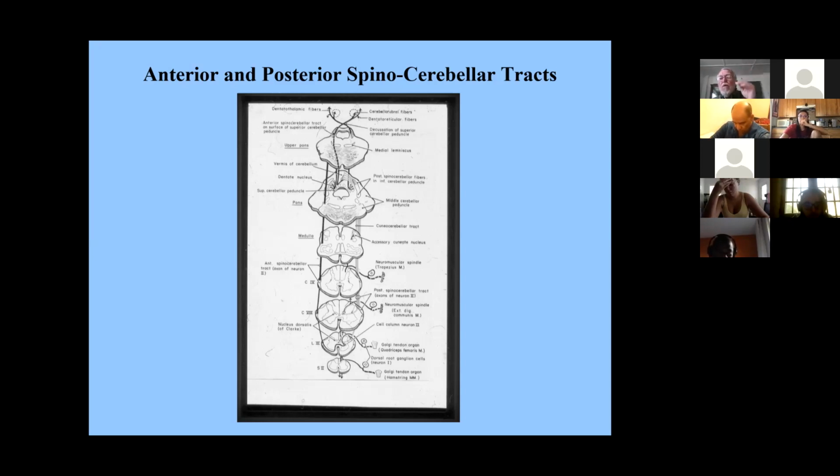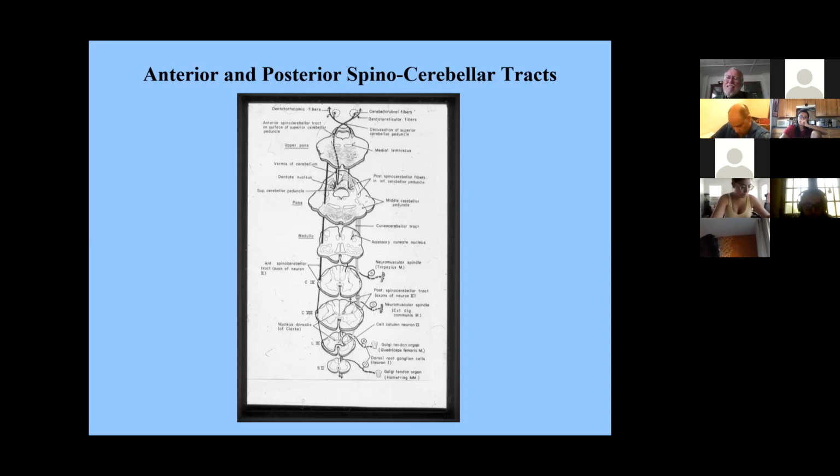Obviously, 1 through 5 also contribute to the dorsal column postsynaptic system. So now we get to layer 6. Layer 6 is not so much a layer as an area, and we call it the base of the dorsal horn.